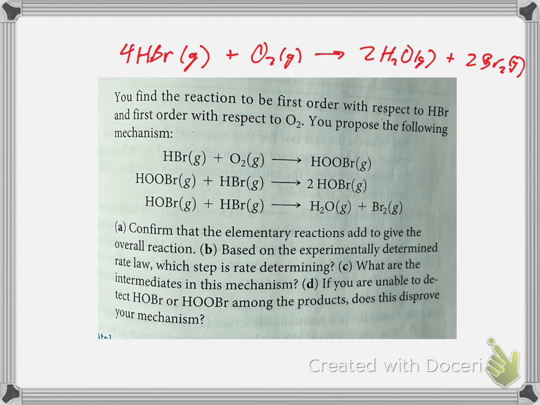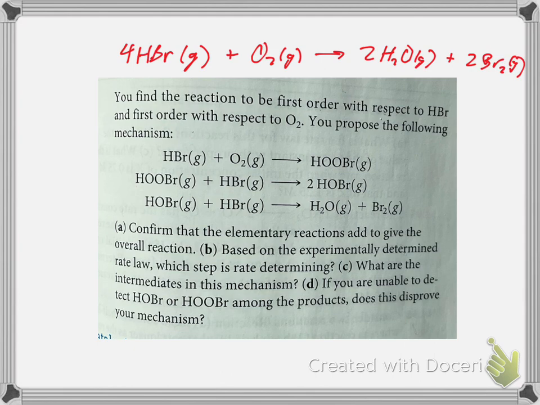Well, your first response might be no, they don't, because there's two HOBr on the right, and only one HOBr on the left. And yet HOBr is not in the overall reaction, and neither is the other species. And so if they aren't in the overall reaction, then we know they must be either intermediates or catalysts. In this case, they're produced and then used, so that means they're intermediates.